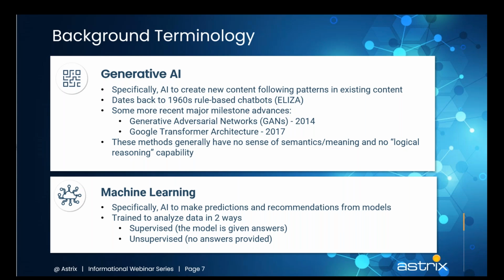The other specific area that I wanted to talk a little bit about today is in the machine learning space. This is another subcomponent of the overall umbrella of everything in AI. Machine learning, as I'm going to discuss it here, is specifically AI that's used to make predictions and recommendations from a model. So we feed a model, basically, we teach a model.